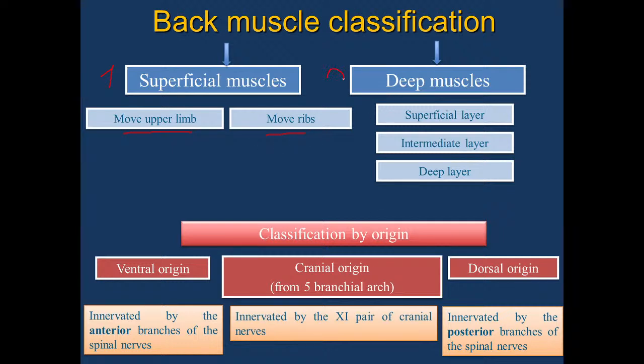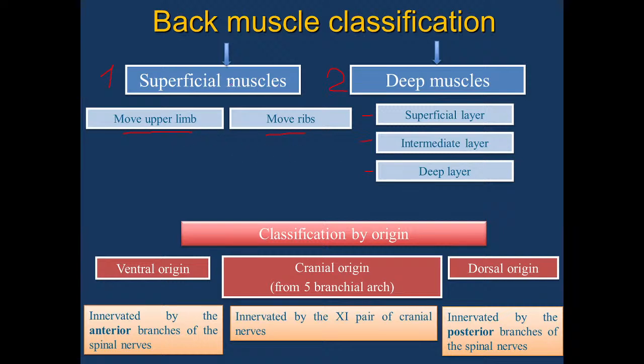The second group is deep muscles, and we distinguish three layers: superficial layer, intermediate layer, and deep layer in the deep muscles.